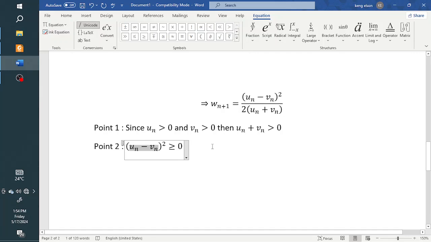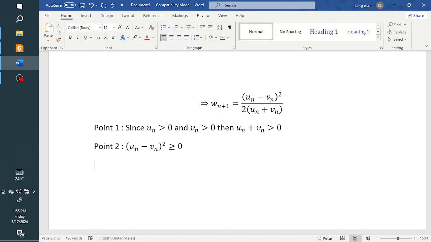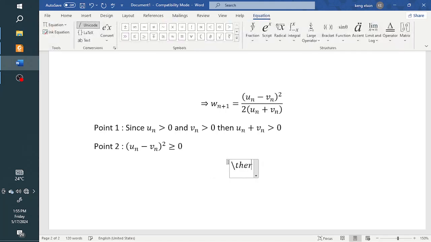So we realize that the numerator is positive and the denominator is also positive. It therefore means that the ratio will be positive. So therefore we have wn plus 1 being greater than or equal to 0, which in turn means that 0 is less than wn plus 1.